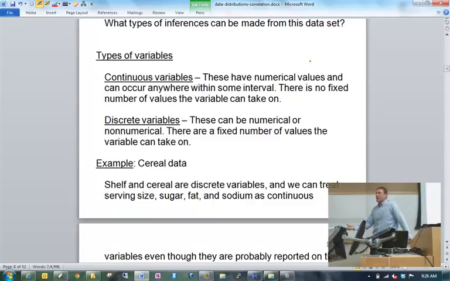The same thing with the distance of the place kick as well. 24 yards, 25 yards. If you're watching football, you don't ever hear one of the announcers say, this is going to be a 24.567 yard field goal. There's a limit to the precision that we measure some of this stuff, but we can still treat it as a continuous variable.